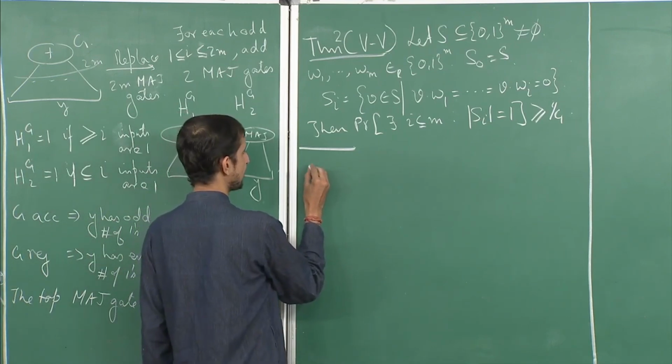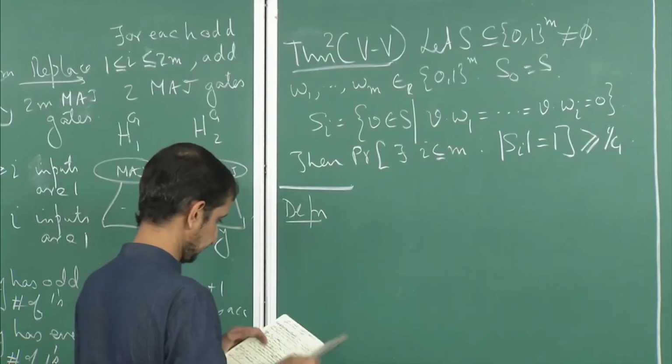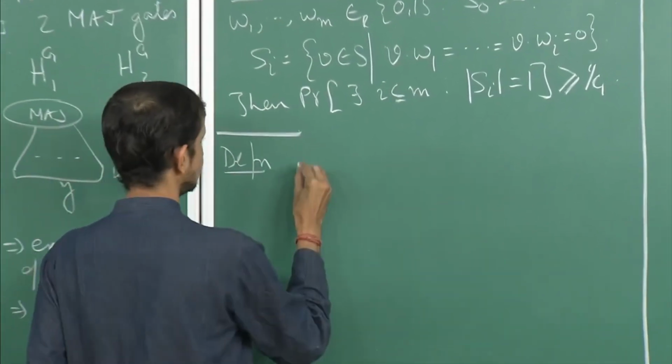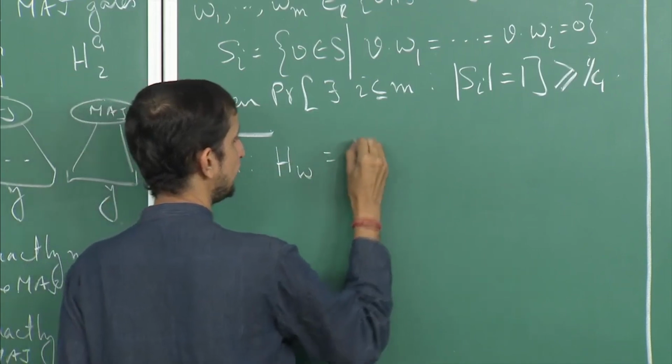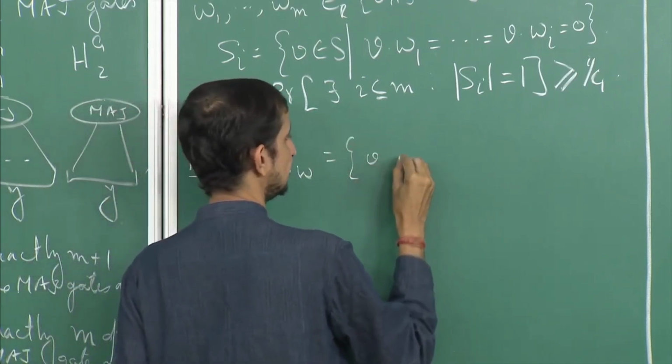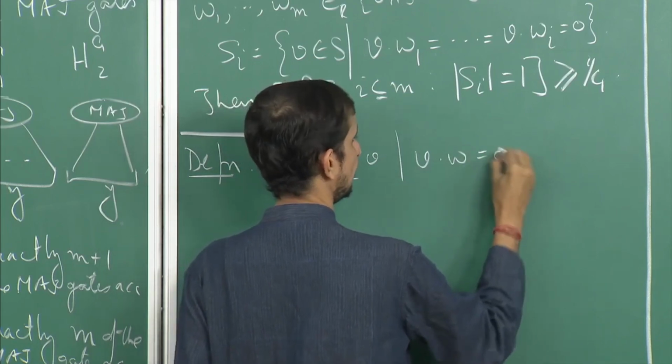So, first of all, let HW be the hyperplane of all vectors that are orthogonal to W. We will use this notation.